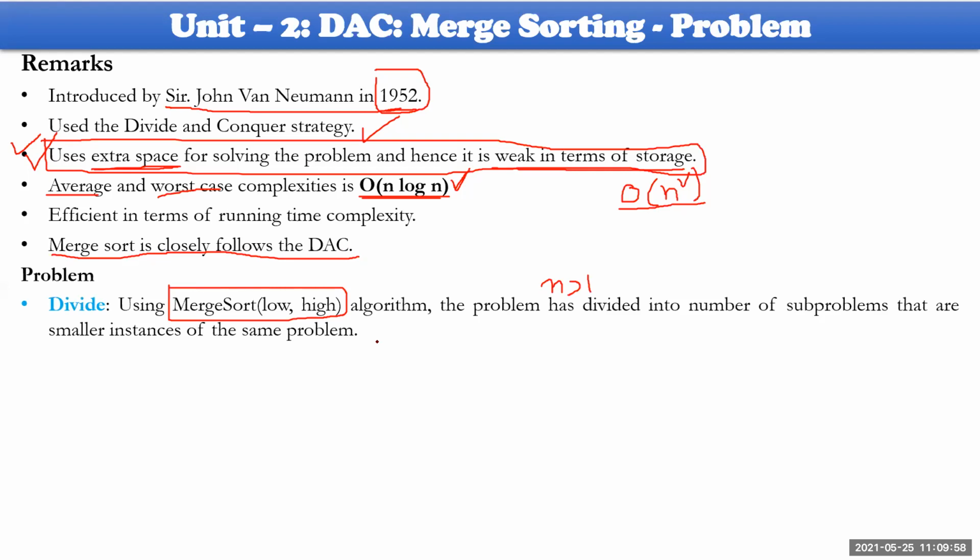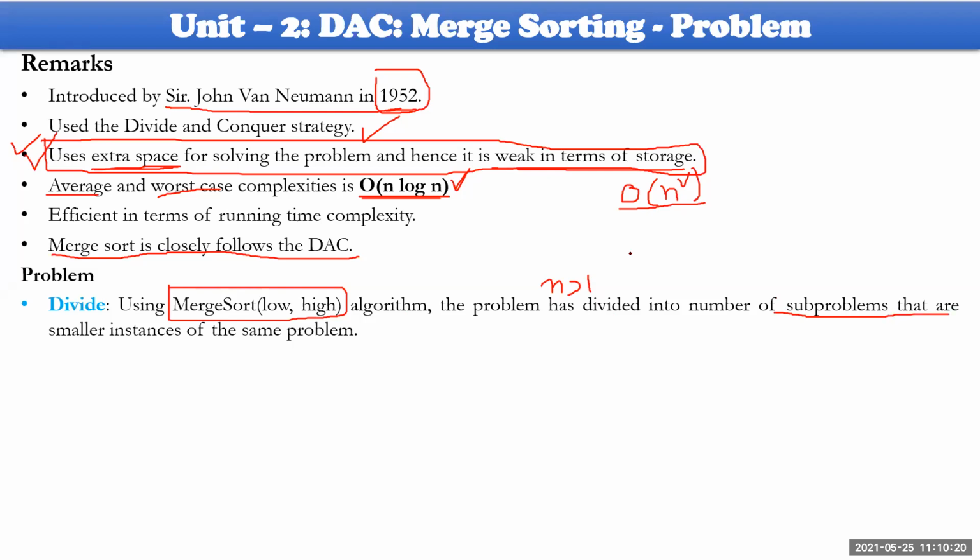If the number of elements is equal to 1, low and high become equal. Therefore a single element is there, and that element is already solved. So there is no question of dividing that problem further. So if n is greater than 1, yes, divide operation will be done, and many subproblems will be generated.